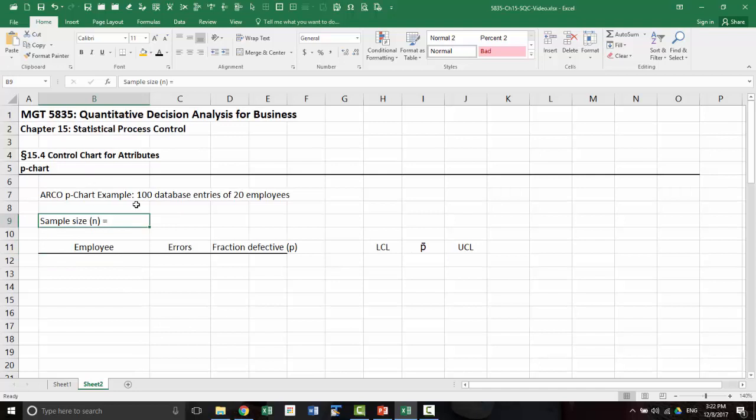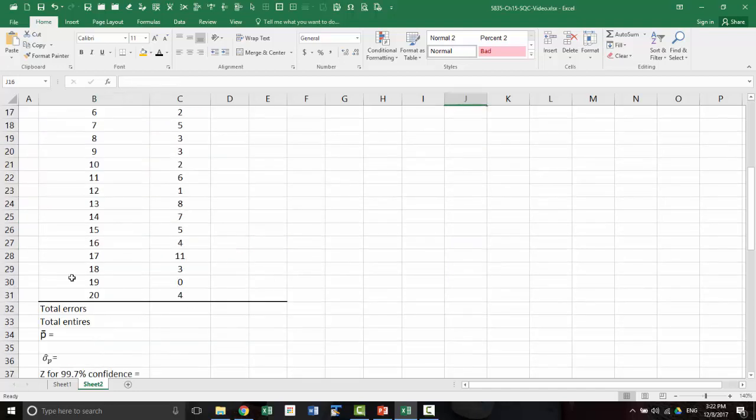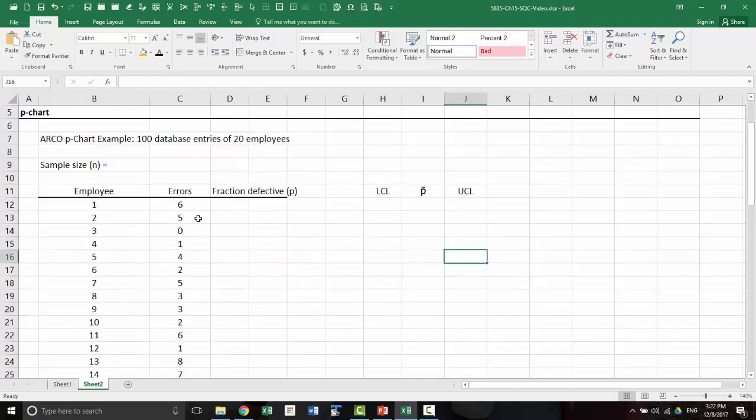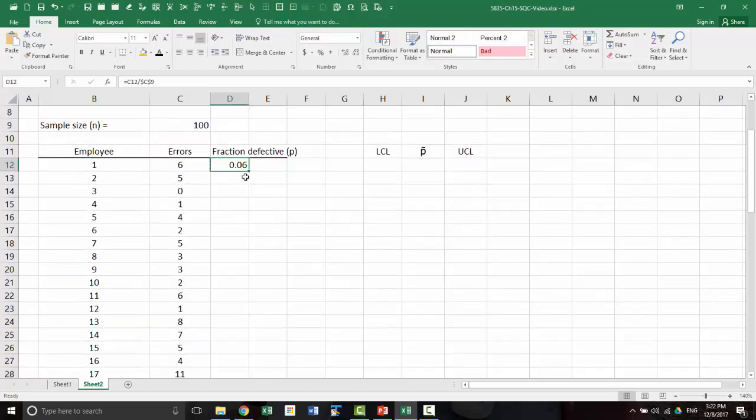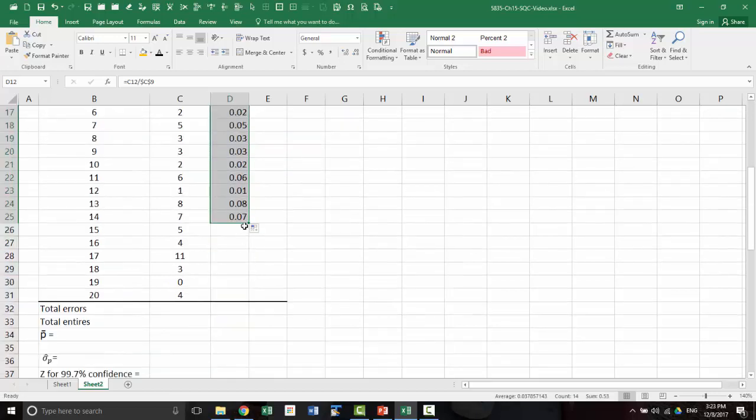Okay, let's look at the problem here in Excel. We have the 20 employees, and here are the errors from the 20 employees. The fraction defective is that divided by n. N should be here, and press F4. Let's enter 100 there, and then copy that down.